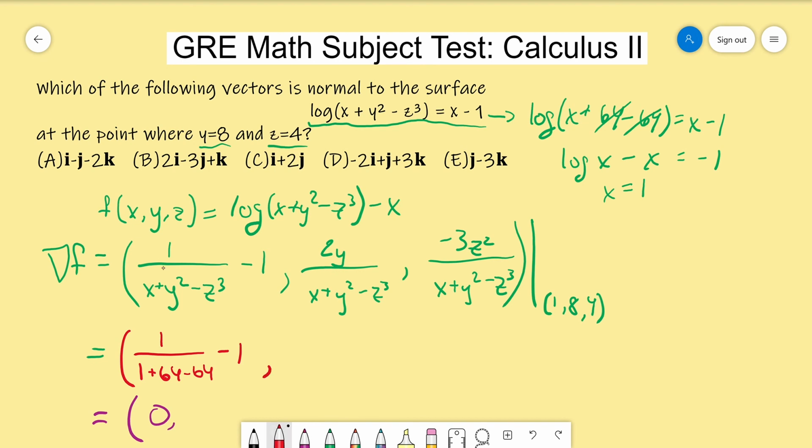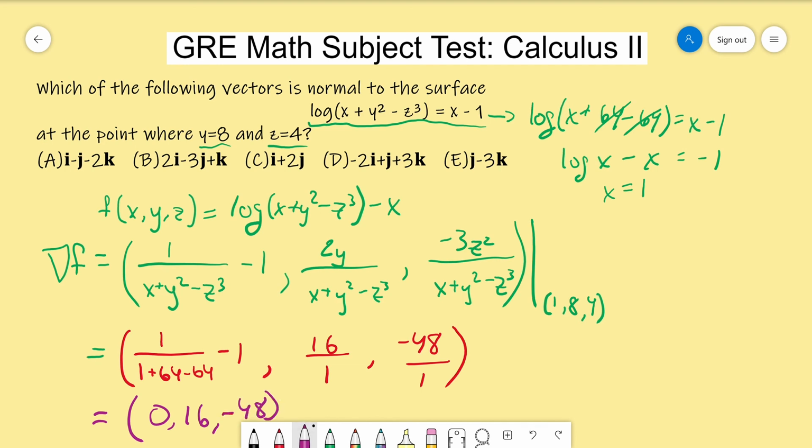Okay, the second element is going to be 2 times 8, that's 16 over 1, so that's just 16. And our final element is going to be negative 3 times 4 squared. Well, 16 times 3 is 48, so that's going to be a negative 48 over 1. So that's going to be a negative 48.